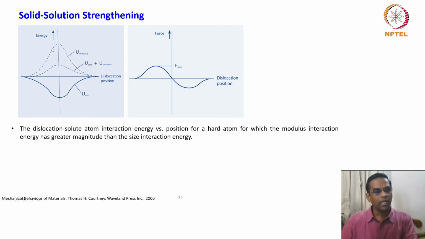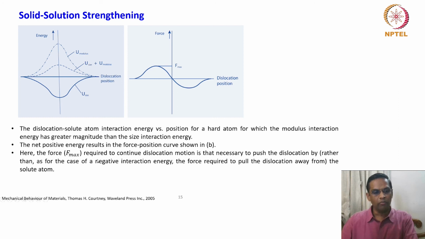Now it is significantly higher modulus interaction energy with a hard particle. So this is higher interaction energy, but keep the size the same, and then what kind of force position plot will come is shown here. The net positive energy results in the force position term.